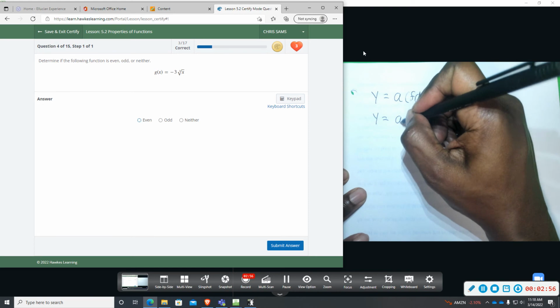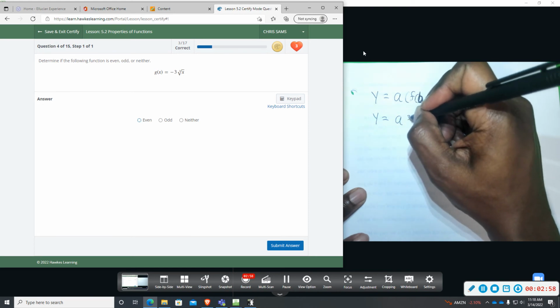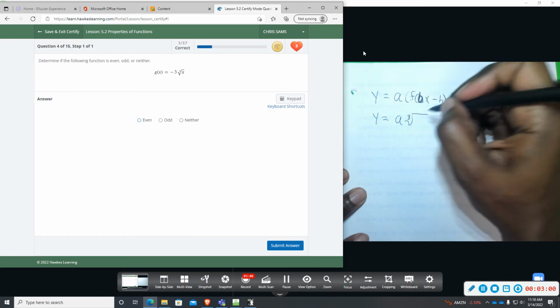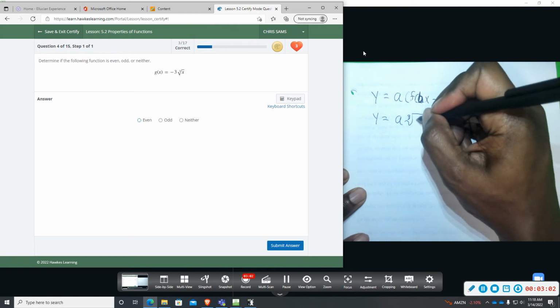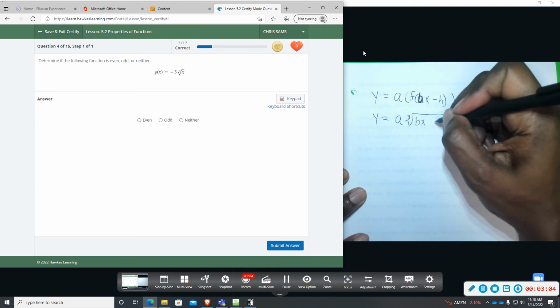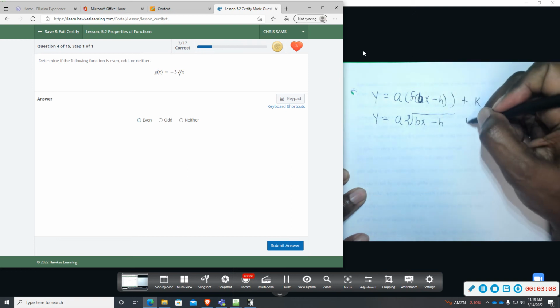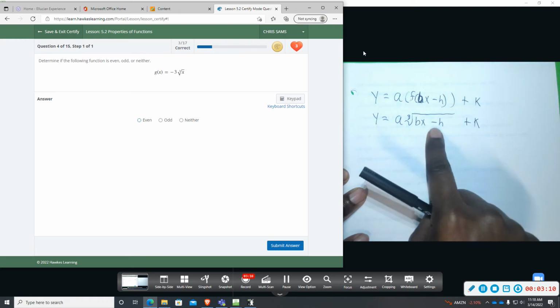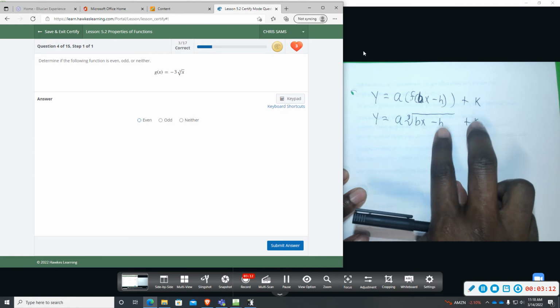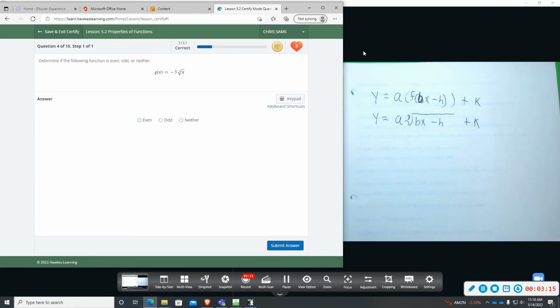So with this cube root, it'll look like this. The a would be on the outside times the cube root, and then you'd have something times your x underneath the radical, that's your grouping symbol here, and then plus k. So if I have something on the outside, that's going to be my shifts. And I don't have anything like that, okay? And since this function was odd, it will still have its odd symmetry, without me having to go through the solving process.